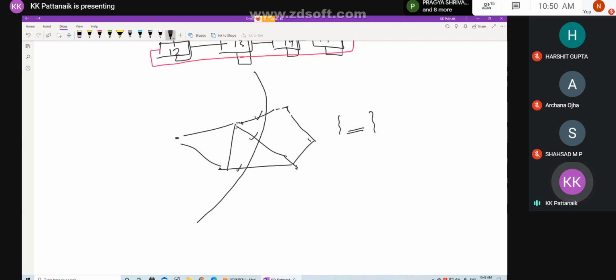So this is what partitioning the network is. Partitioning can happen here. Suppose this node fails. What will happen? This part of the network and this part of the network will get disconnected. So this is called network partitioning.